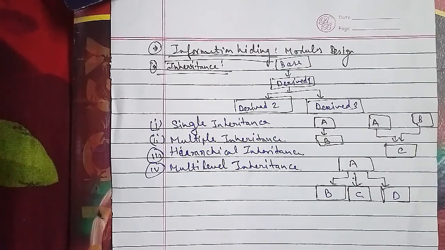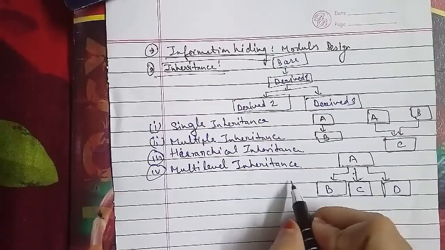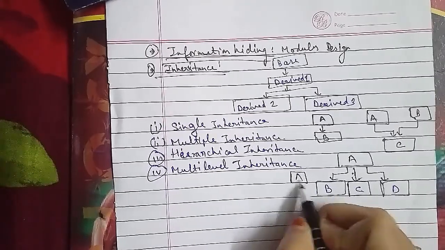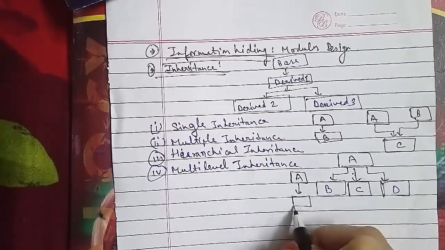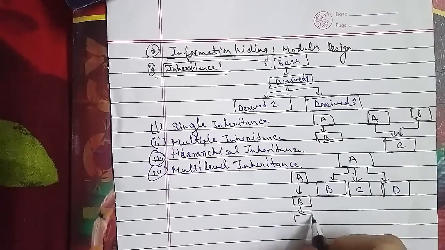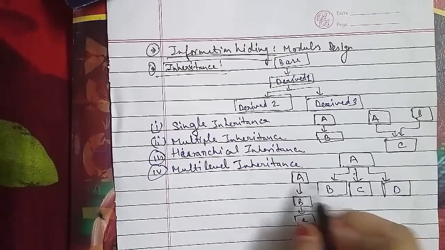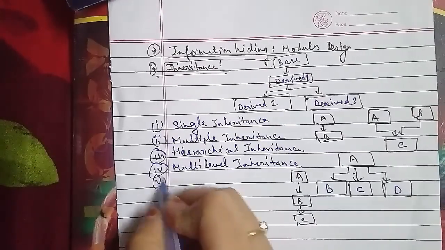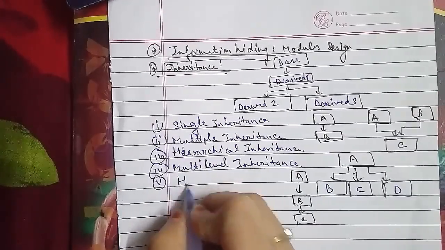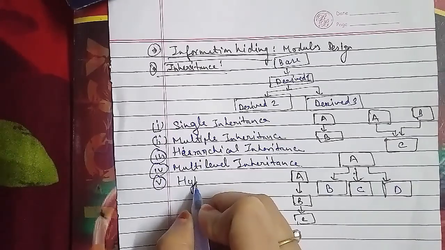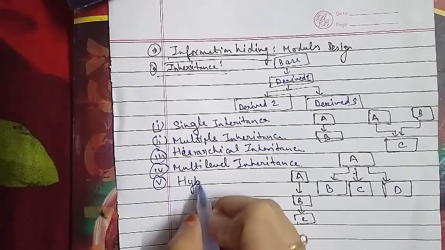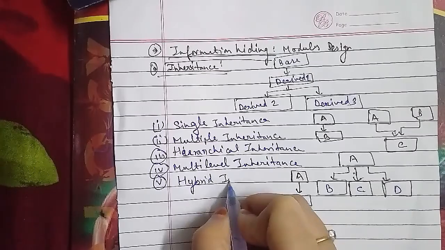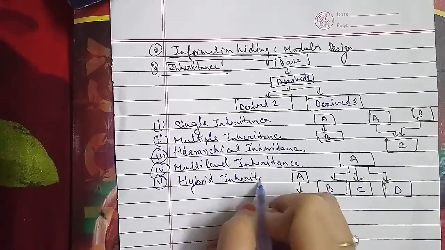So here we have A, then it is split into two, and then it comes together into one. So this is your A, B, C, and then of course D. This is your hybrid inheritance.